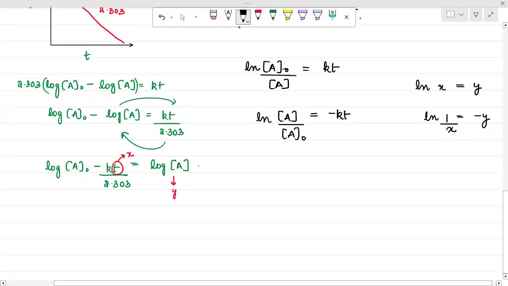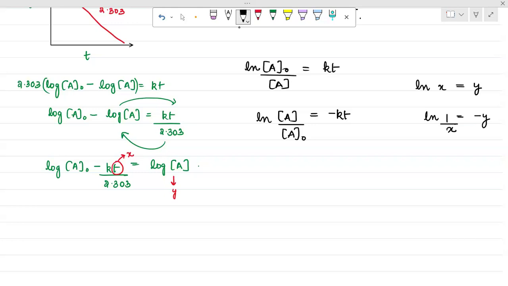Now I want to remove this ln. In order to remove this natural logarithm, I need to put exponential. Why? Because let's say I have ln x is equal to y. Taking anti-ln on both sides looks like x is equal to e to the power y. This is how it looks.